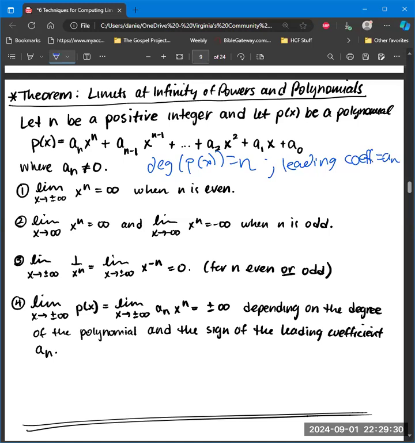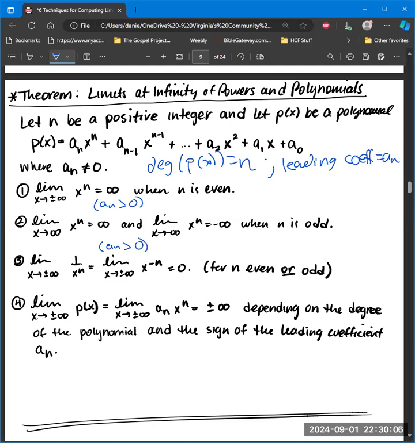So our limit as x goes to plus or minus infinity of x to the n when n is even, assuming that a sub n is greater than 0, will be positive infinity. The limit as x approaches infinity of x to the n equals infinity, and the limit as x approaches negative infinity equals negative infinity when n is odd. Again, assuming a sub n is positive here.